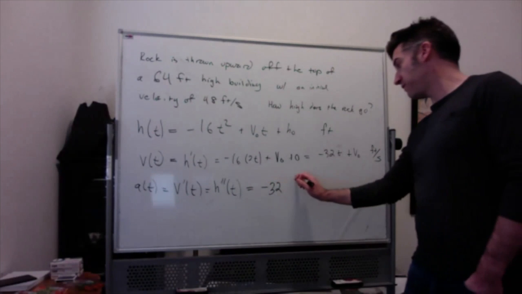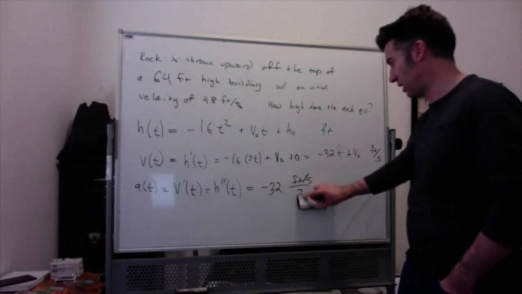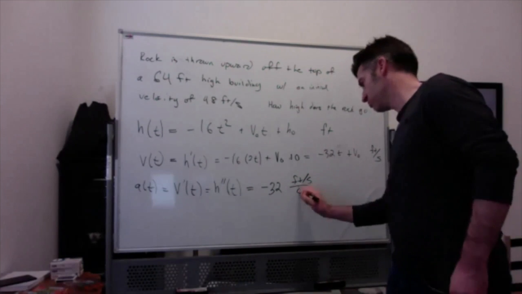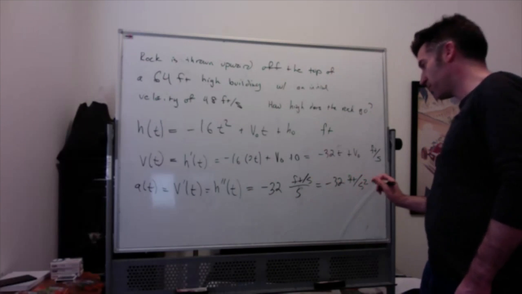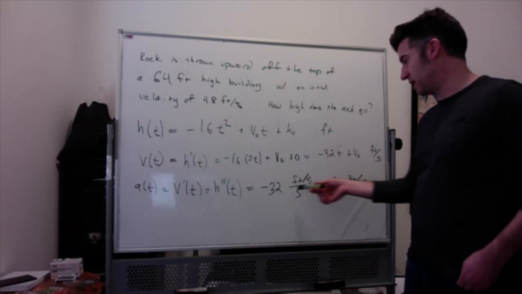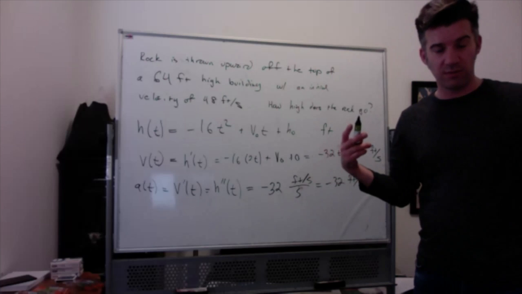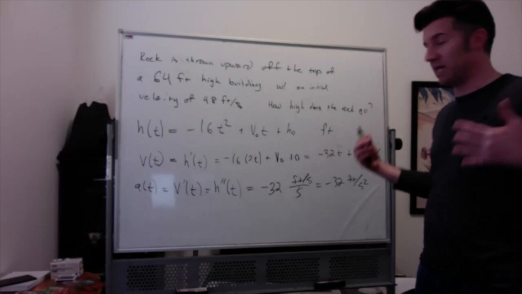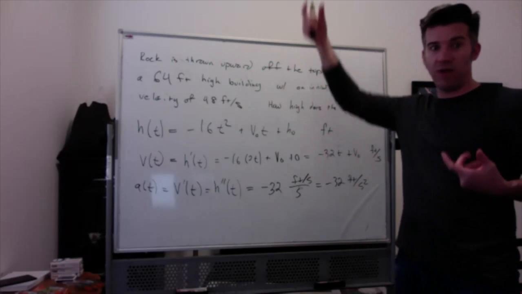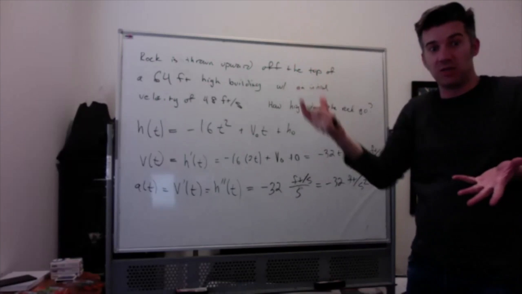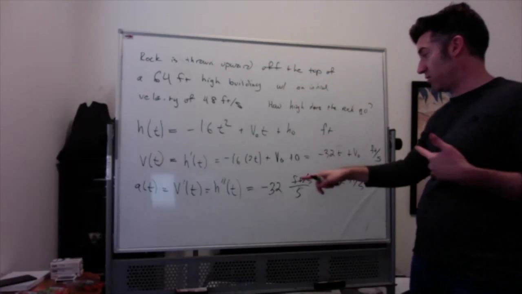That's feet per second per second, which is negative 32 feet per second squared. But I do like to say it's negative 32 feet per second, because what this means is your speed is changing. If an object is falling, its speed is increasing. It is accelerating. That's why you're changing at a rate of negative 32 feet per second.